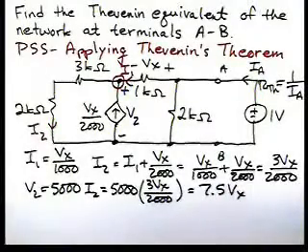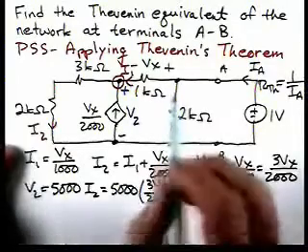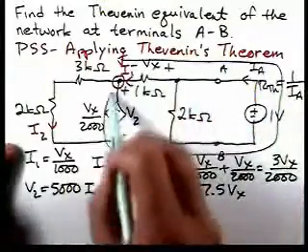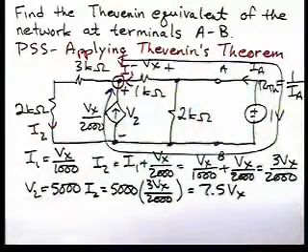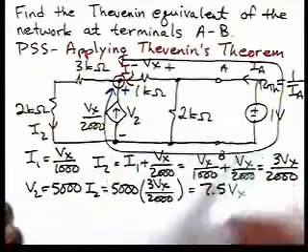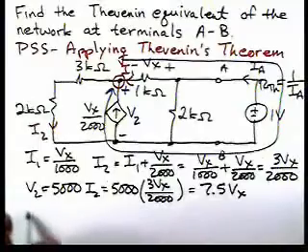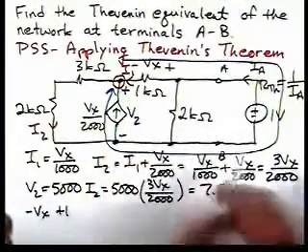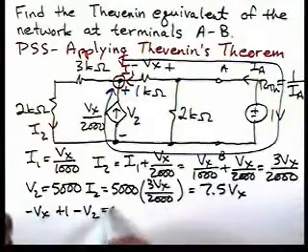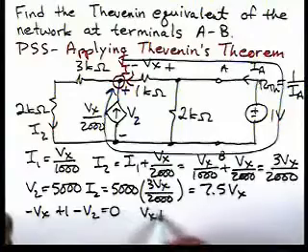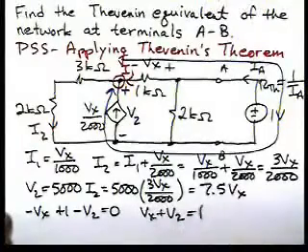Now let's do KVL around a loop. Let's do it around this loop. Starting here, we'll go around clockwise, so we'll have minus Vx plus 1 minus V2 equal to 0, or Vx plus V2 equals 1.